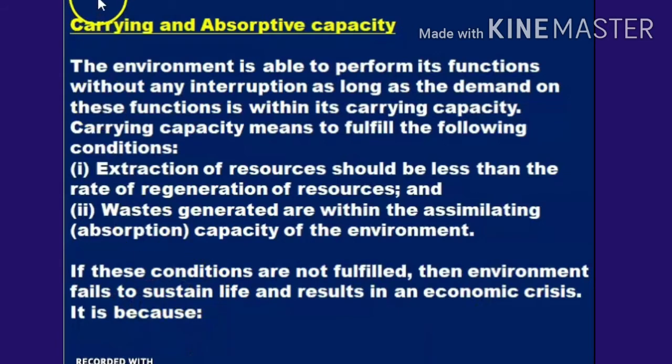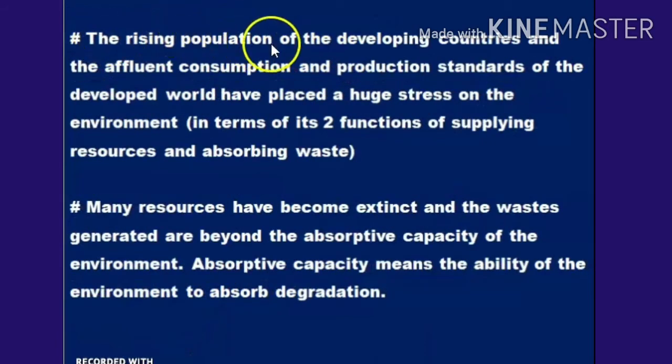It is because of the rising population of developing countries and the affluent consumption and production standards of the developed world that a huge stress has been placed on the environment. So in terms of its two functions of supplying resources and absorbing waste, if we are talking about absorbing capacity, it means the environment has a capacity to absorb degradation.